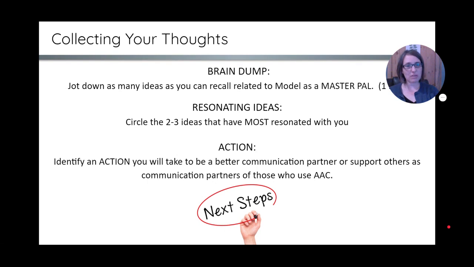One actionable thing. And you might be thinking about yourself, or you might be thinking about, depending on what hat you wear, how you're going to support others to be a better communication partner of those who use AAC. So this is just a really quick exercise to get you thinking about what you've learned, what it means, and then what you can do with it.